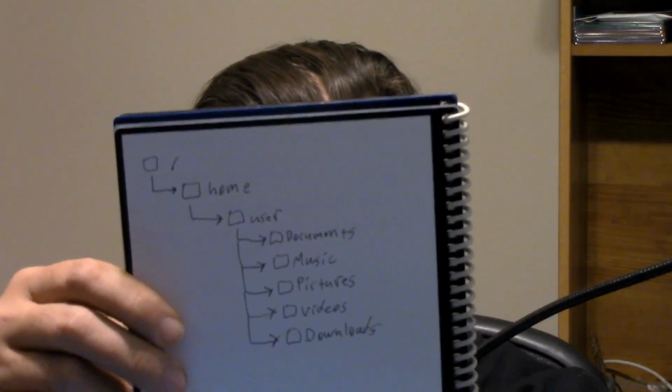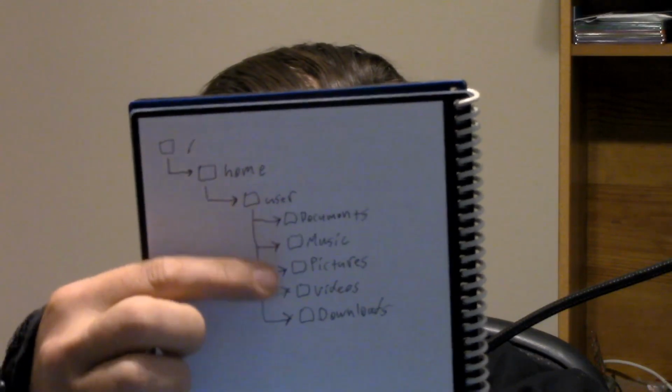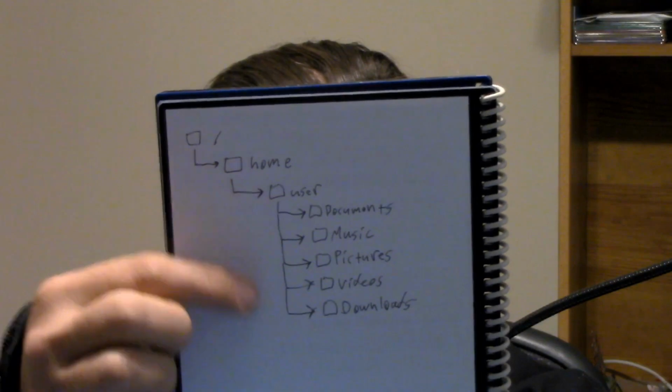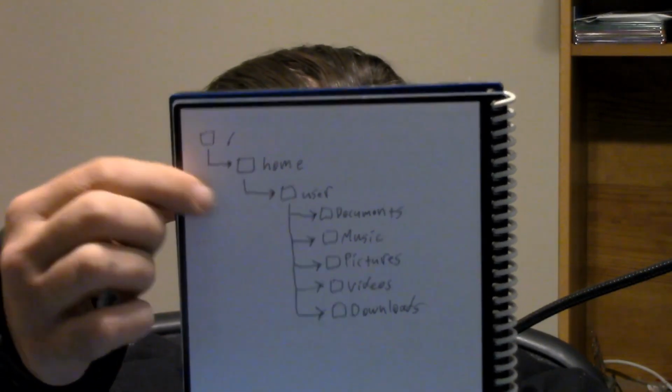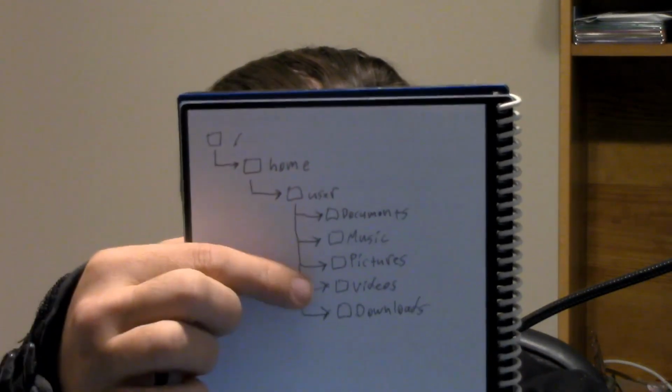I didn't put this in JavaScript because that would be confusing for a lot of people, so I used something that a lot of people are familiar with. You can tell from down here that documents, music, pictures, we're talking about a file system. So home is nested inside root, user and set. So this is what I mean by nested.